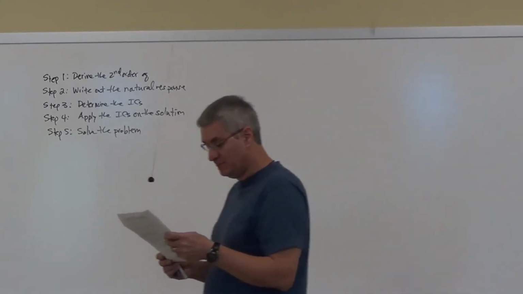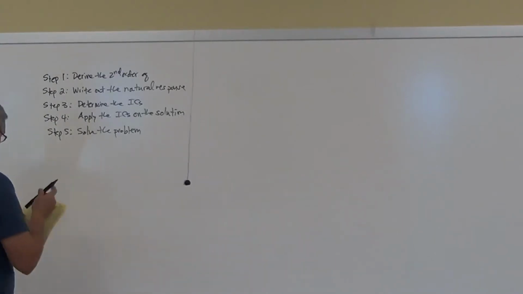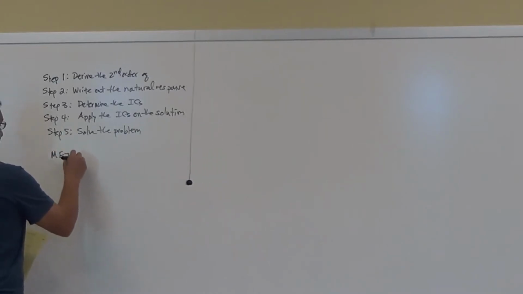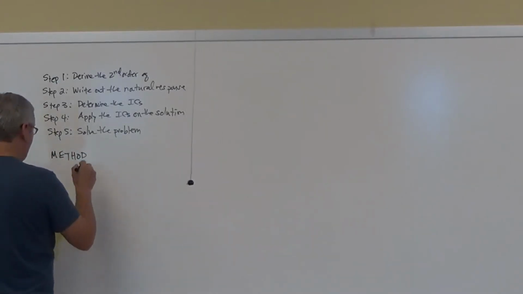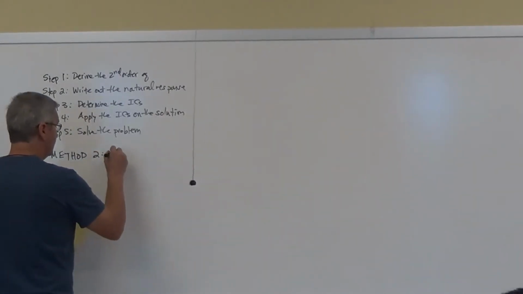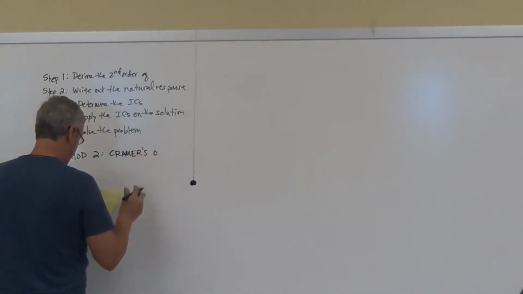And I've had numerous people transfer and say, oh my gosh, I'm so happy about the Cramer's method. Now, what people call Cramer's method is really the operator method. We're still on step 1, but the method I call method 2 here is Cramer's operator.